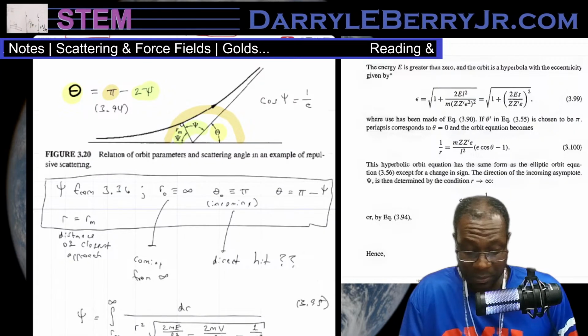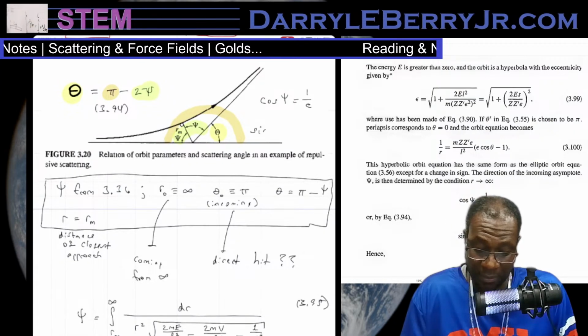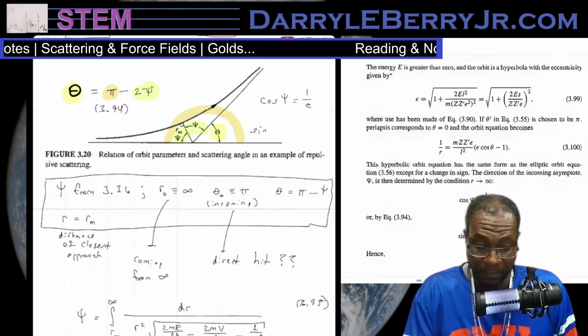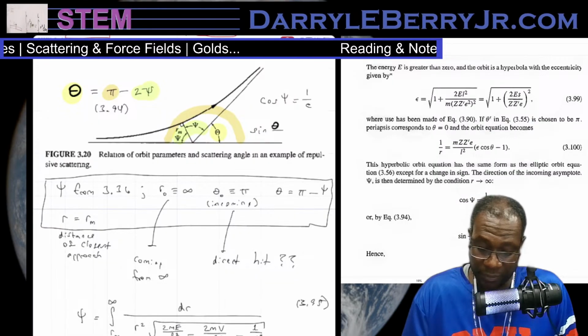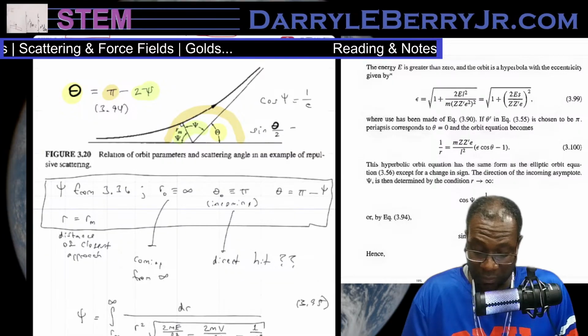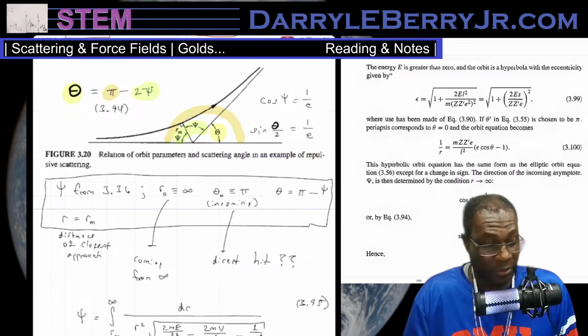And sine of capital theta over 2 equals 1 over eccentricity.